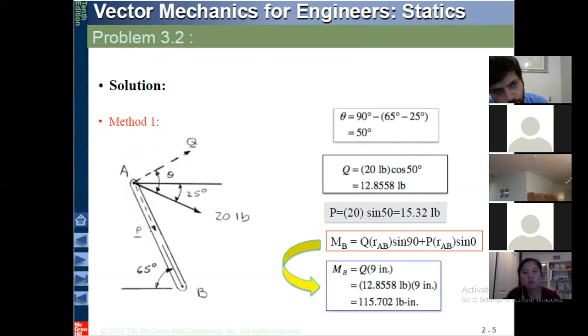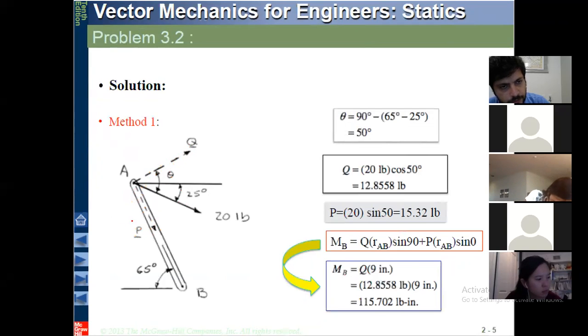So you have two coordinates, P and Q. You can decompose this force into P and Q, and then you can say that P would not exert any moment around point B. Physically, it makes sense because it is along this direction, so it is just going to compress the rod. It is not going to rotate the rod. The only force that tends to rotate the rod is the component in the Q direction.